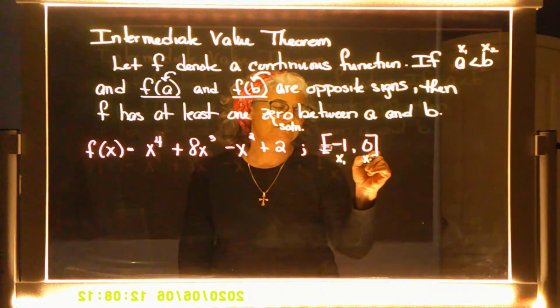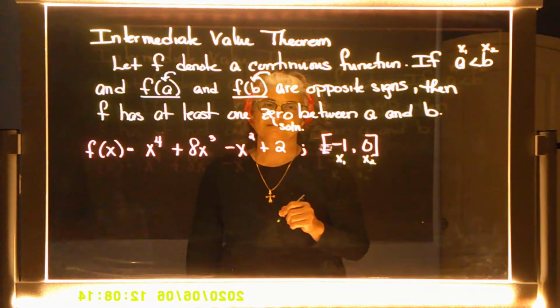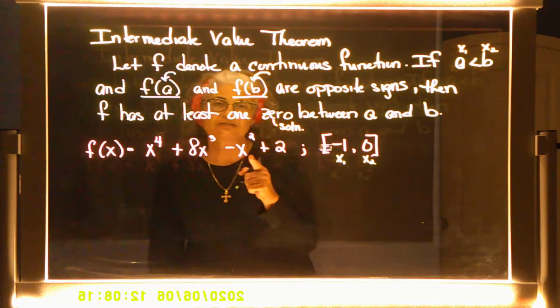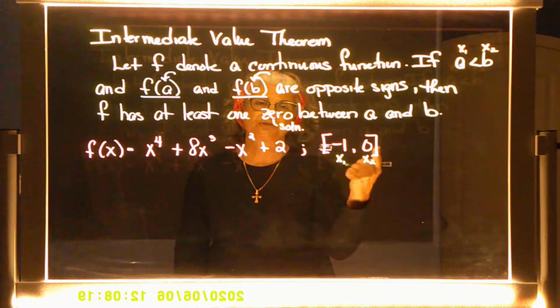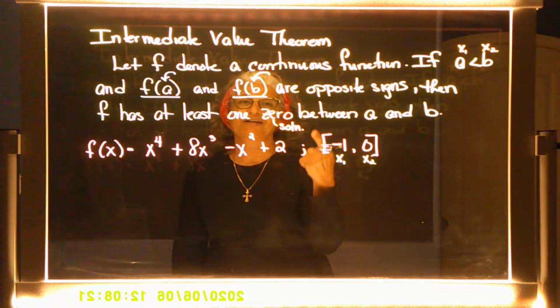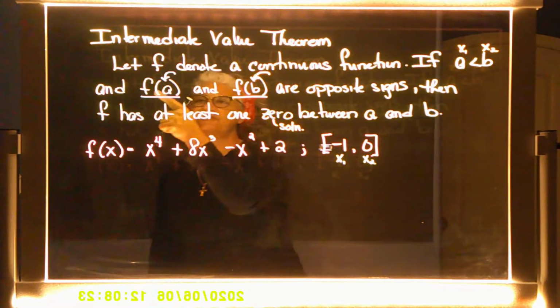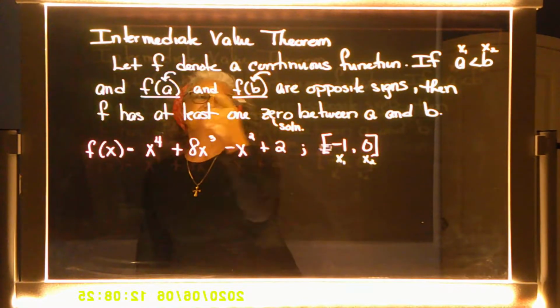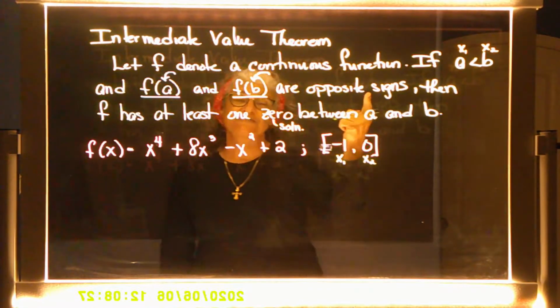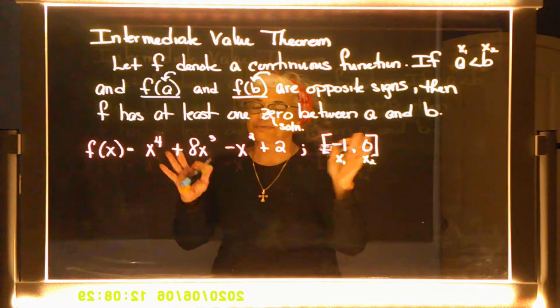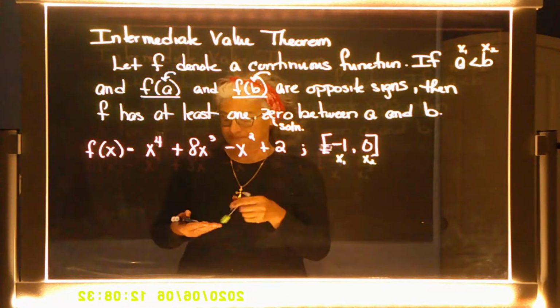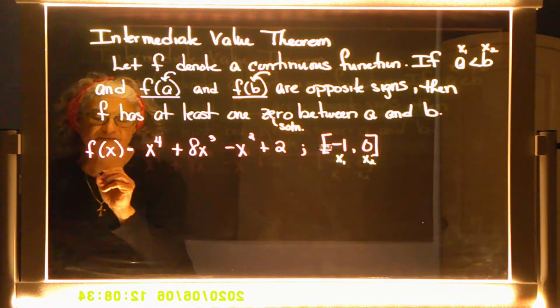There's your first x, there's your second x. And in order to decide if there is a real 0 in between these two x's, I need to find their y values. Because when I find their y values, and if they're opposite signs, then we're good to go. So, let's find their y values.